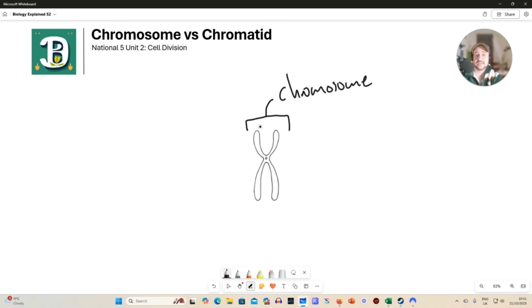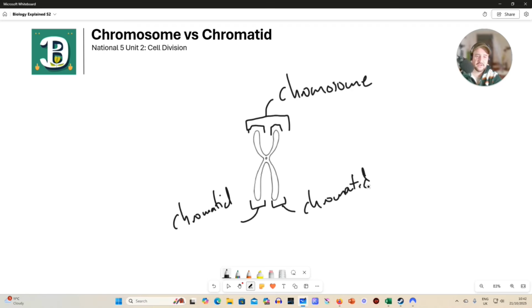Now, the chromosome is going to get pulled apart, and before that, we're going to use the term chromatid to describe the individual legs, if you like, of the chromosome. So here, I've got one chromatid, and here, by which I mean all of this, I've got my second chromatid.